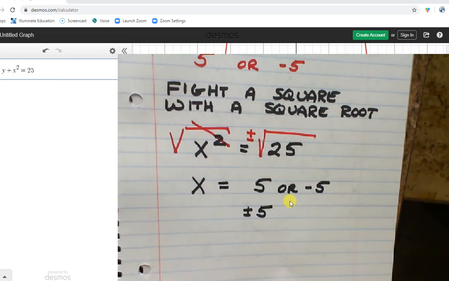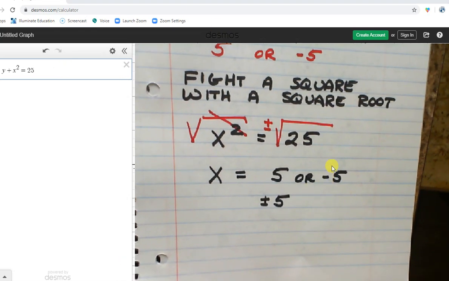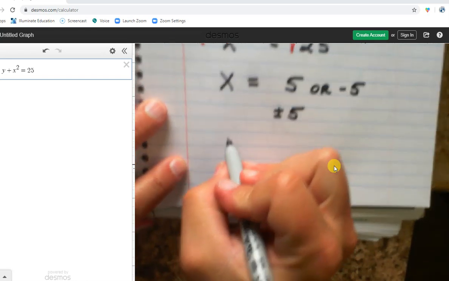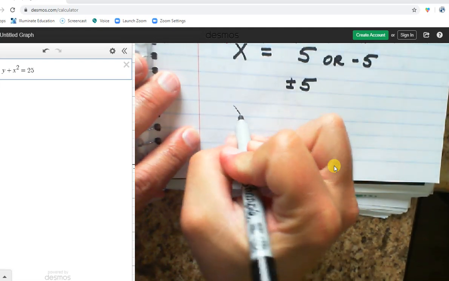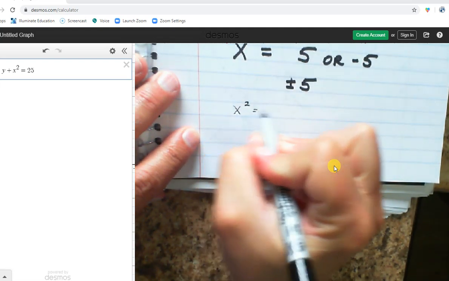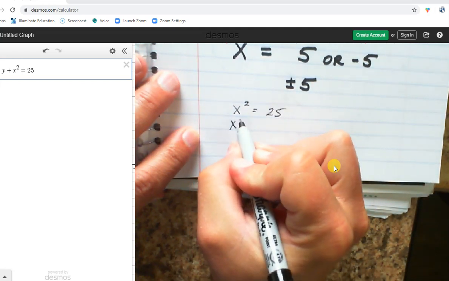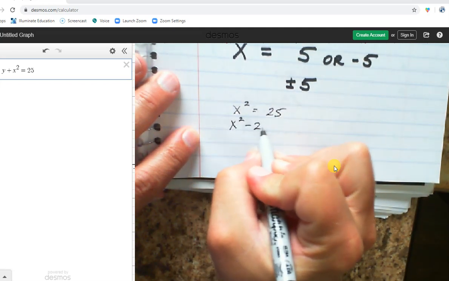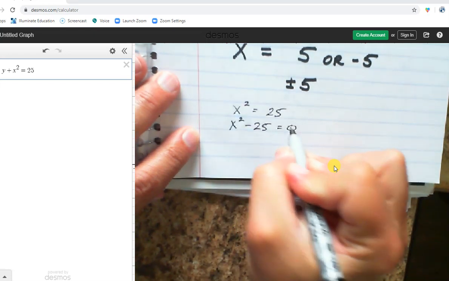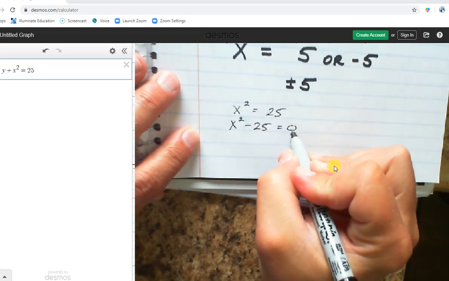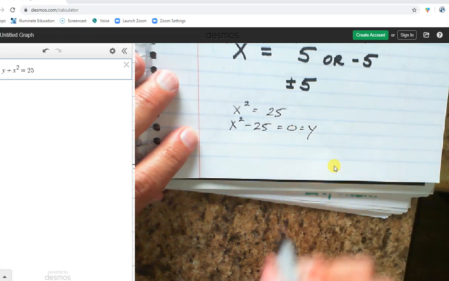So I'm going to turn this into an equation that I can actually graph. And to do that, you do not need to put this in your notes. But I had x squared equals 25. X squared minus 25 equals 0. And I'm just going to say that that 0 is really a y. This will make more sense in the future.